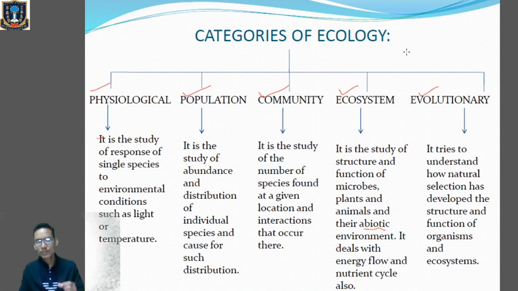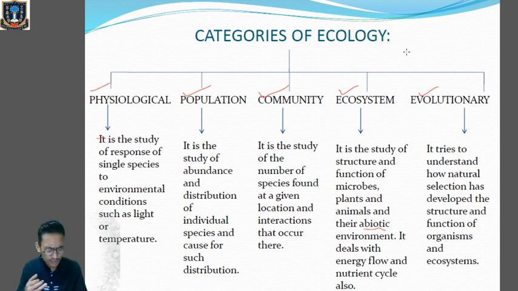If the changes are beneficial, it is good, but if they are harmful, then it will be lethal for organisms. Clear? So ecology mainly helps us identify whether those changes are beneficial or harmful, and it also gives us an idea or solution for how we can reduce those harmful changes in the environment. All those ideas and studies are provided with the help of ecology, because we human beings are directly or indirectly related to nature, as we get lots of products from nature.